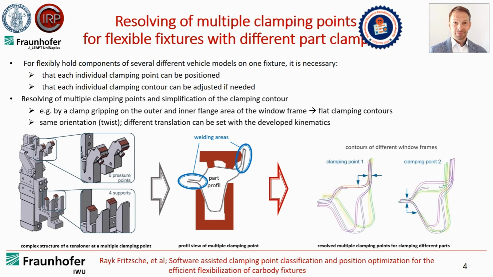Also we have to divide such multiple clamping points, for example, into 2 single clampers with 2 single clamping points. And you can see here in the right picture clamping point 1 at the inner flange, and clamping point 2 at the outer flange. The repositioning of the clamping points between the several parts we can do with our developed kinematics.